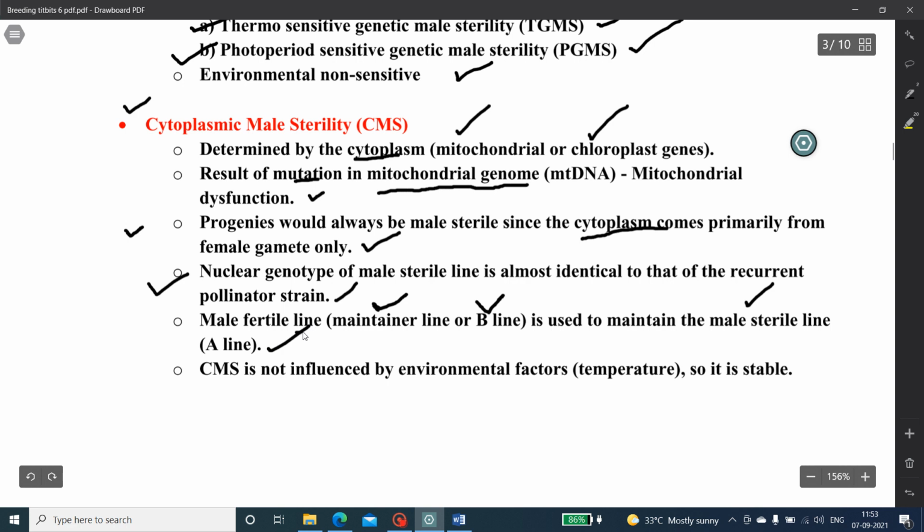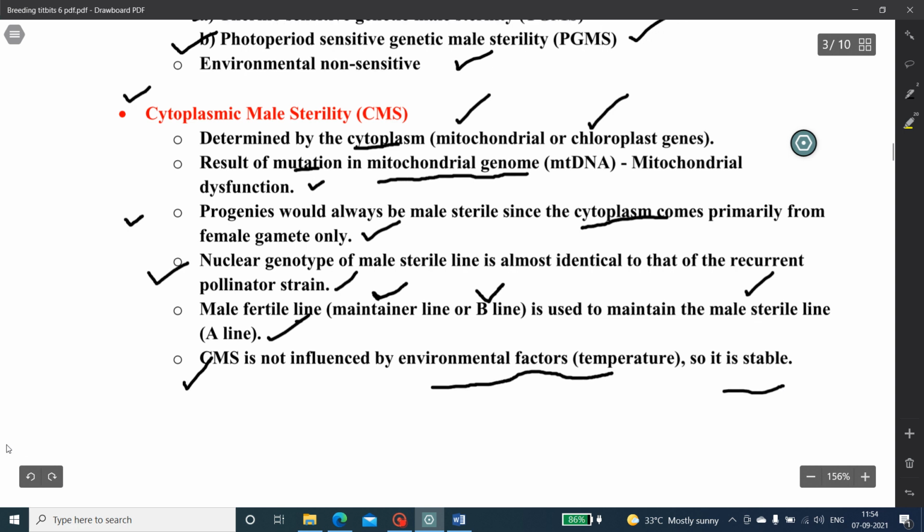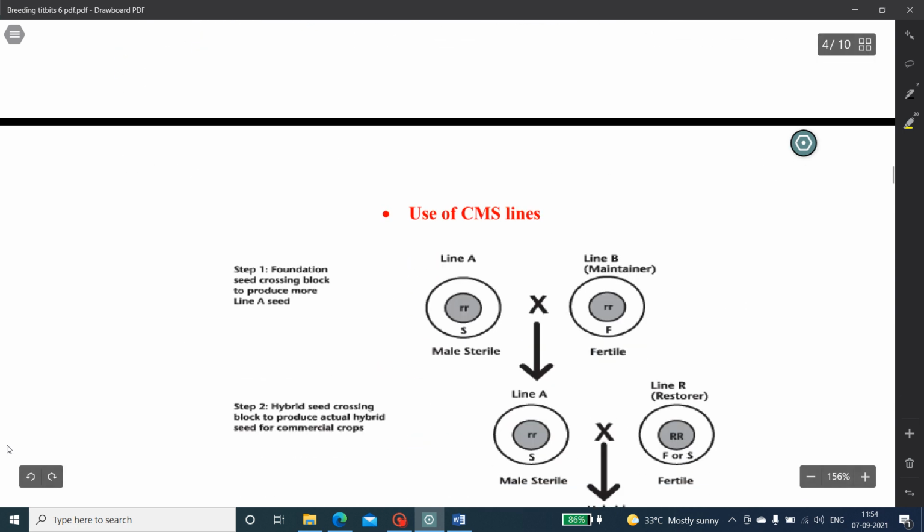And this type of mechanism is available in the 3-line hybrid seed production technique that we will be seeing in the next series. And CMS is not influenced by environmental factors, either temperature or photoperiod. So this type of cytoplasmic male sterility is highly stable when compared to genetic male sterility, GMS.